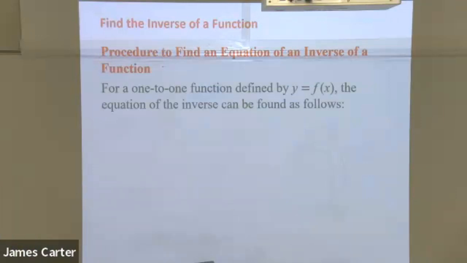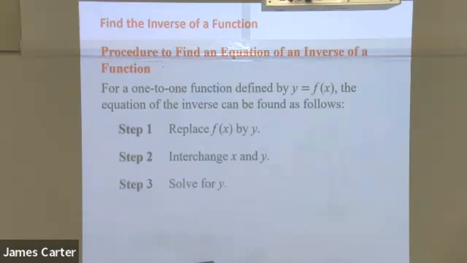Okay, here's your procedure. There are 4 steps. You might write these down.